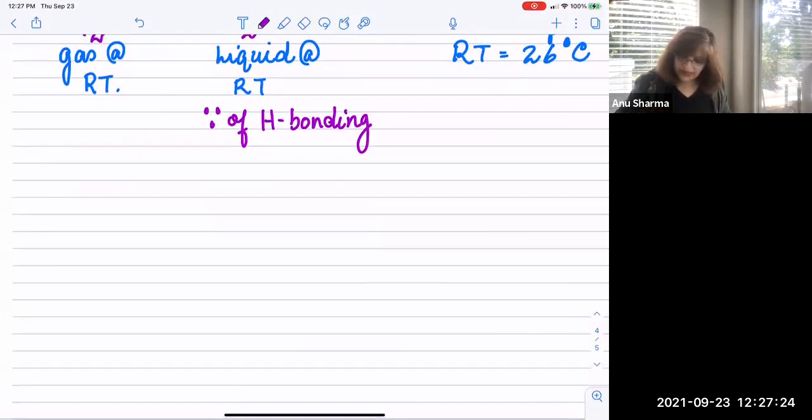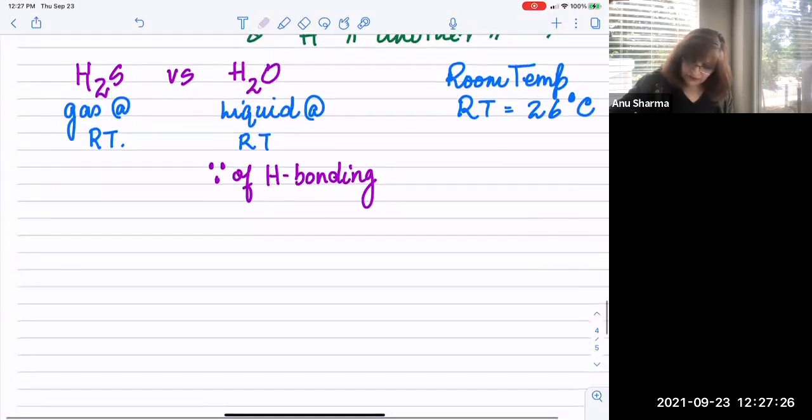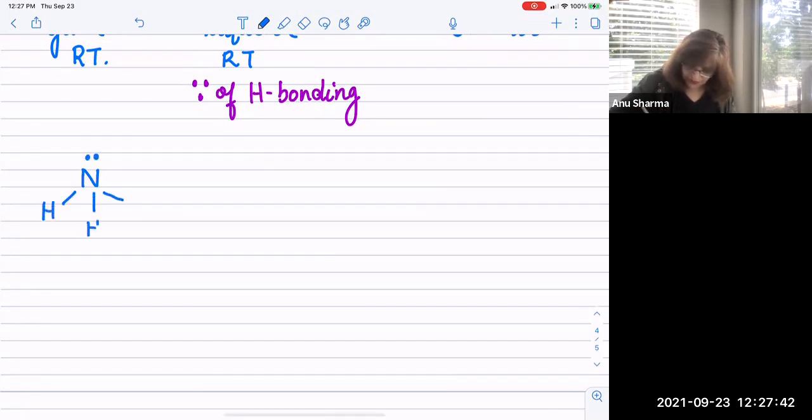Now let's look at an example, ammonia. Here is ammonia, nitrogen with 3 hydrogens and a lone pair on nitrogen. These hydrogens are delta positive and nitrogen is delta negative.